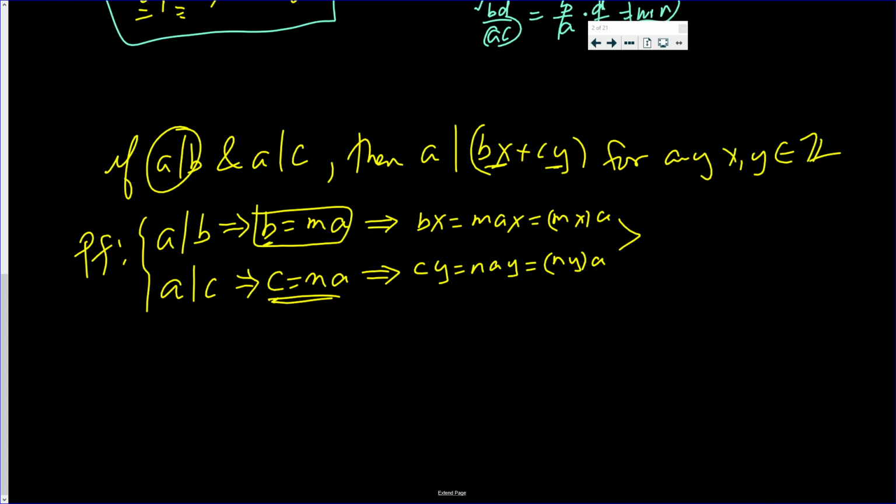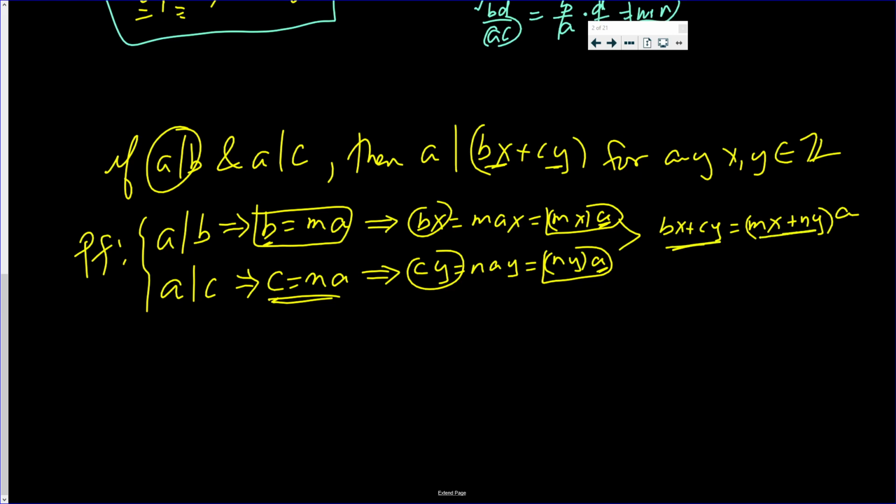Now if I add these two, I get bx plus cy is equal to this plus that. But I hope it's clear that there's an a in common that we can factor out. So we get mx plus ny times a. This here is an integer multiple of a. That implies a divides bx plus cy.